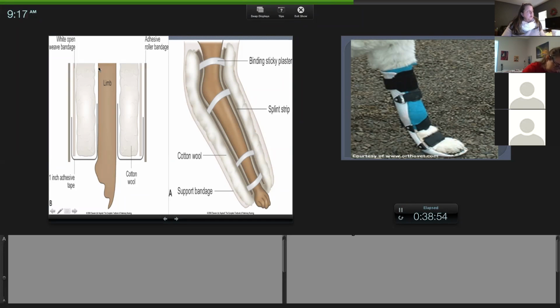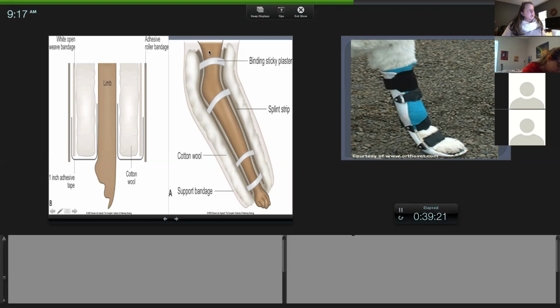But what they're trying to do is keep the leg in line. Bandages and splints are good for incomplete fractures or non-displaced fractures. So if you have a very simple transverse fracture, you could probably put a splint there, no big deal. If it's in a bunch of pieces, you're going to have less success with this.